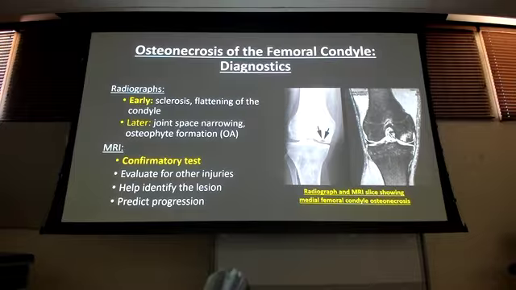That's when we say we now have early arthritis or early degenerative changes if they weren't already present. Not early meaning based on age, just based on the disease progression. What's your confirmatory test? MRI. You should jump to that pretty quick if you're concerned about osteonecrosis.